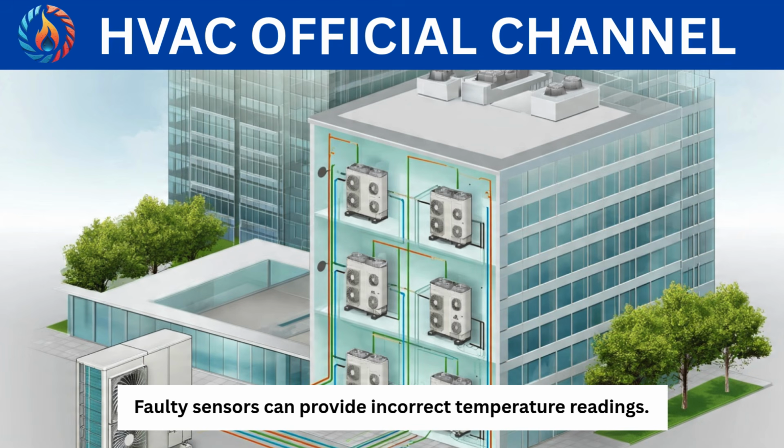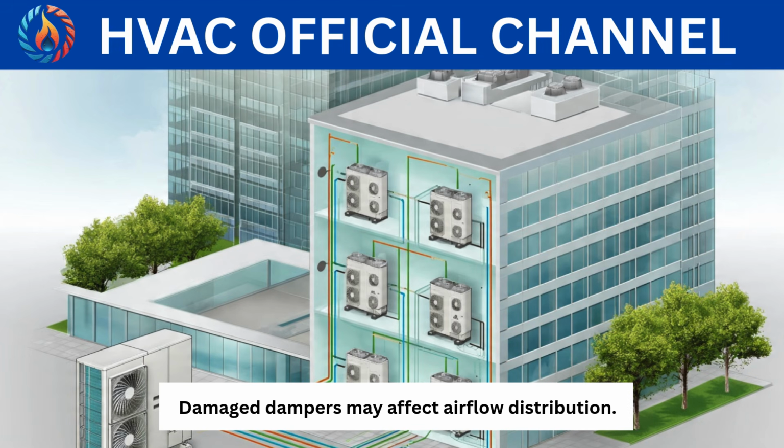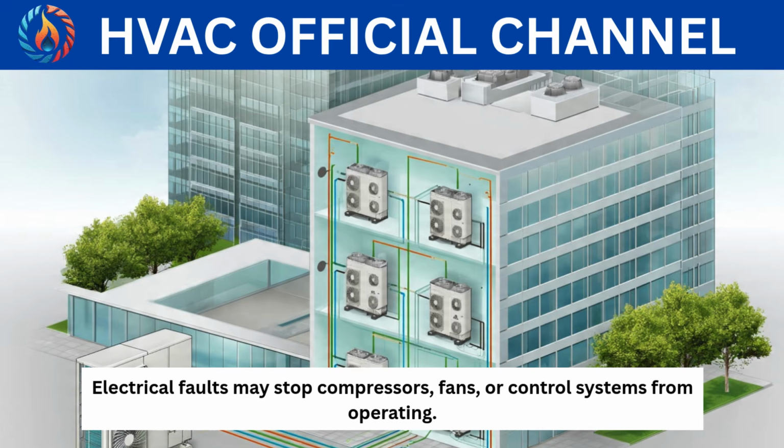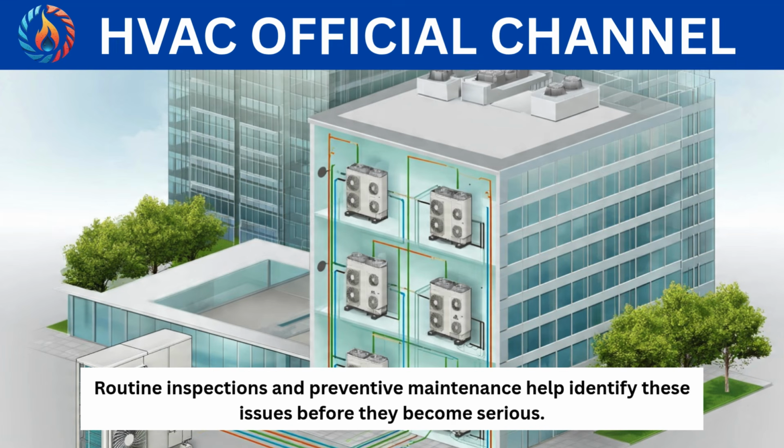Faulty sensors can provide incorrect temperature readings. Damaged dampers may affect airflow distribution. Pump failures can interrupt chilled water circulation. Electrical faults may stop compressors, fans, or control systems from operating. Routine inspections and preventive maintenance help identify these issues before they become serious.